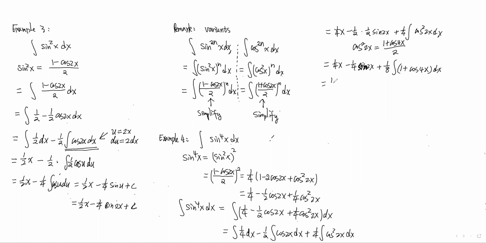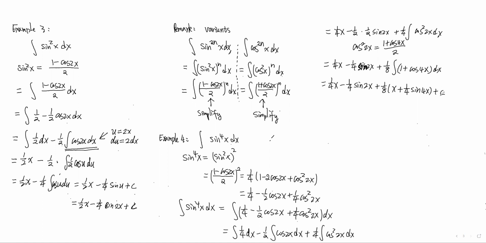So let's compute this: 1 over 4 sine 2x plus 1 over 8. The antiderivative of this is x. This is plus 1 over 4 sine 4x plus c.